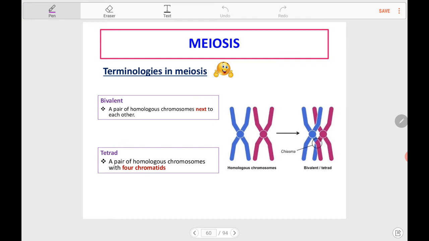The next terminology is bivalent. Bivalent is basically a pair of homologous chromosomes next to each other. Macam kita tengok dalam diagram ini, ada dua homologous chromosomes, the one on the left and the one on the right.